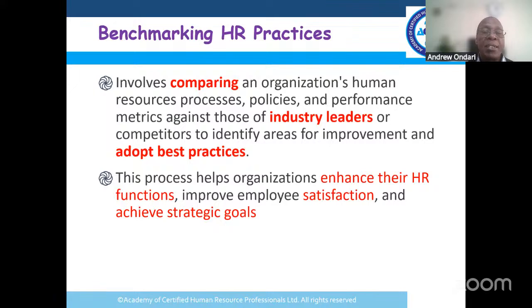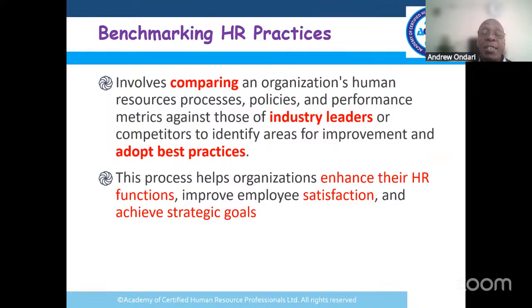As I've indicated, benchmarking is about comparing our policies, processes, and practices with industry leaders so that we can adopt the best practices.